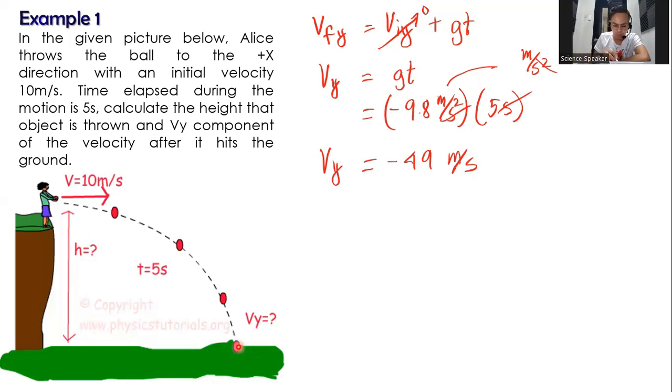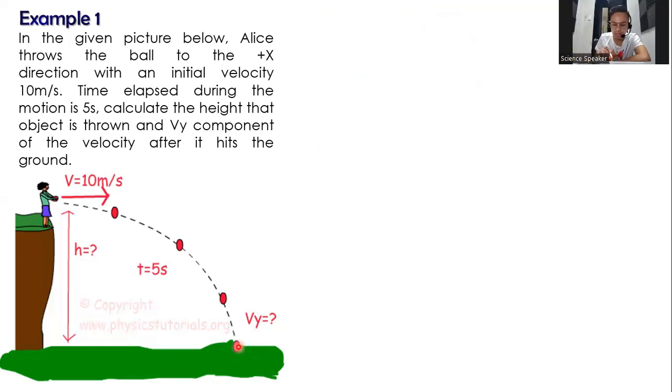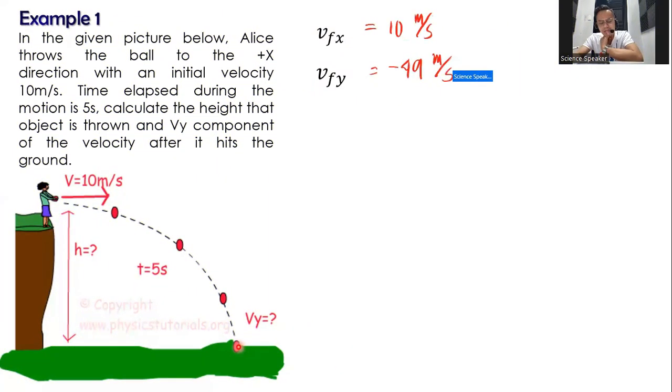We are going to solve that by using all of the components. This is now v sub x, equal to 10 meters per second, and this is v sub y, negative 49 meters per second.